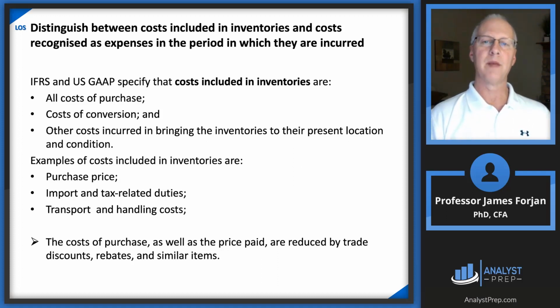And then you've got to be considerate of trade discounts and rebates and similar items that will affect the purchase price. But remember to include things like the cost of conversion and then maybe other costs that bring the inventories to its present condition and location. All right, so that makes sense, those things that ought to be included in the value of inventory.